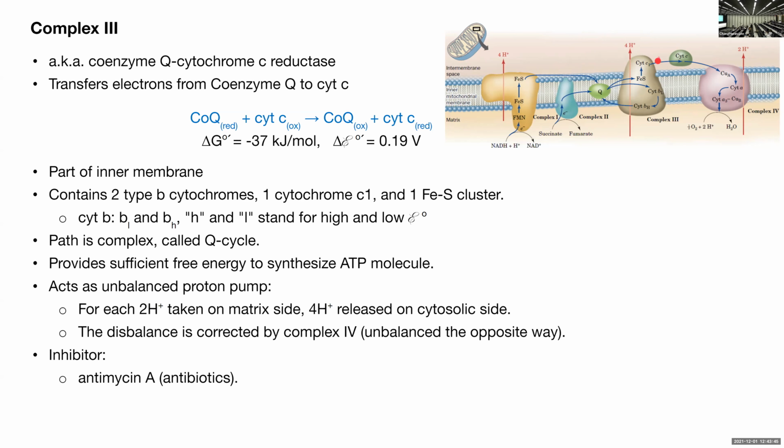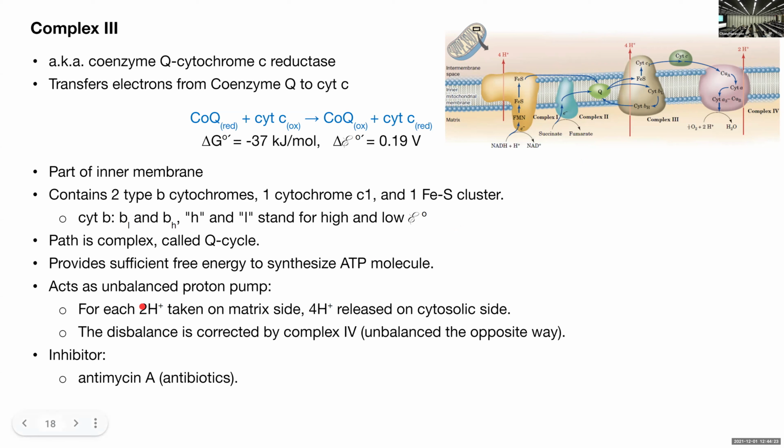It also provides sufficient energy to synthesize ATP molecules because, as you can see, there are 4 protons that are pumped out from the matrix, again contributing to setting up the proton gradient. But interestingly it acts as an unbalanced proton pump. It takes up 2 protons into the matrix, but it outputs 4 protons out of the matrix to the intermembrane space.